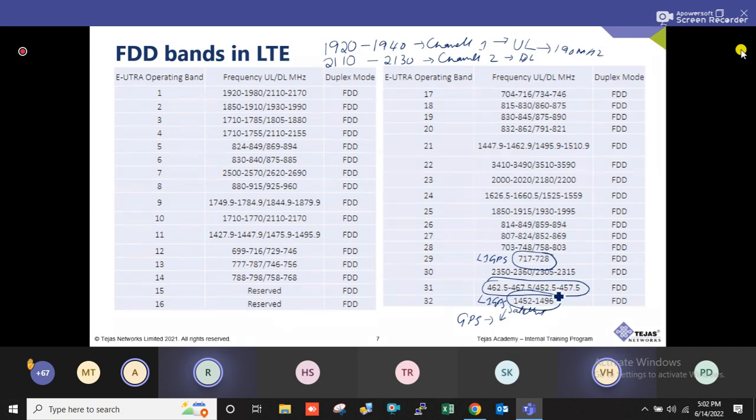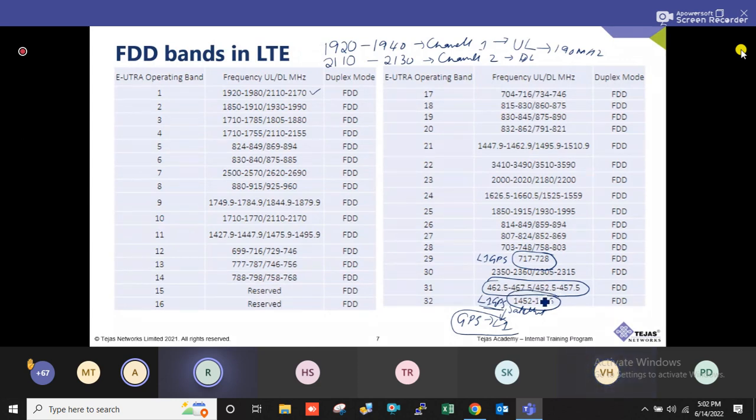That's why they have made the uplink contradictory to what we typically have. When these were developed in the standards, L1 GPS was already being utilized, so they have given this in the standards. Since it has a harmonic connection with L1 GPS, we have this arrangement with respect to uplink, or vice versa with respect to downlink.